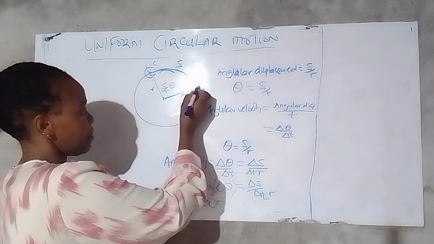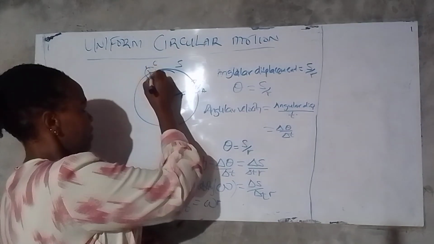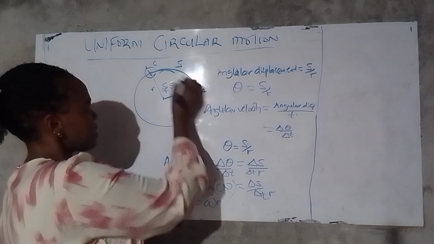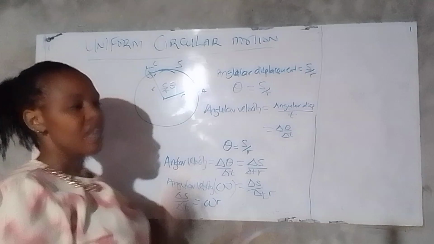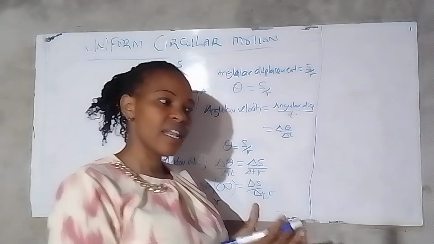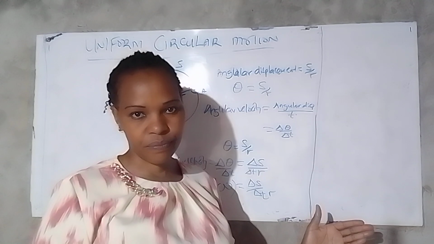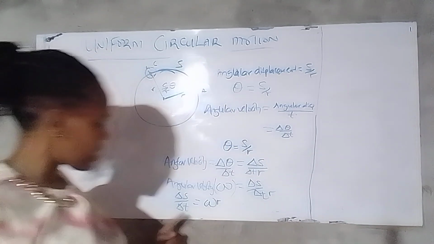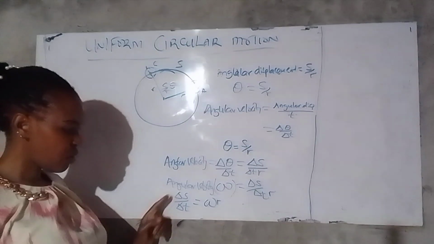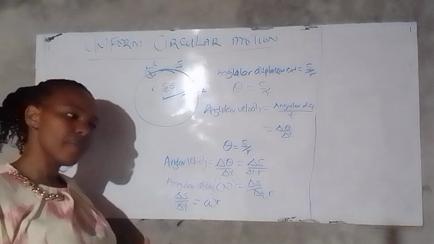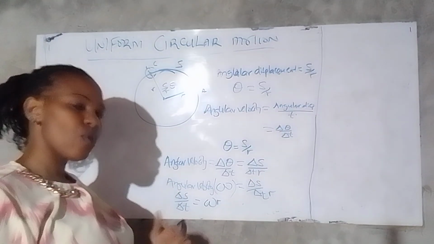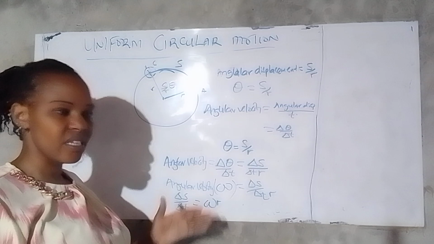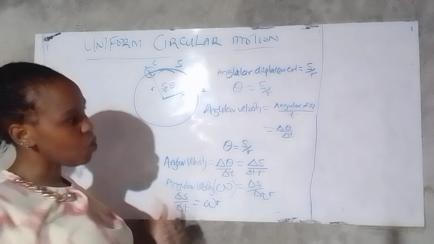What I'm going to get is length, linear length. So delta s over delta t is the same as delta L over delta t, change in that linear length over t.